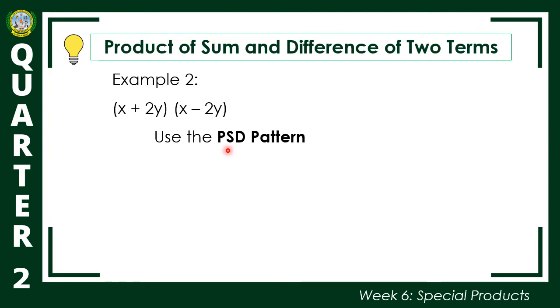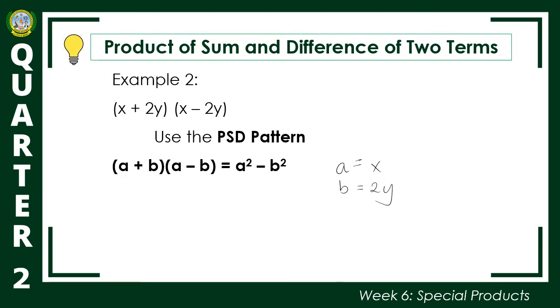Using the PSD or the product of sum and difference pattern, ayan, ito yung pattern natin. So, i-square lang natin yung A, which is yung first term, minus yung square ng last term, which is B. Okay? In this case, ang A natin ay X. At ang B po ay 2Y.